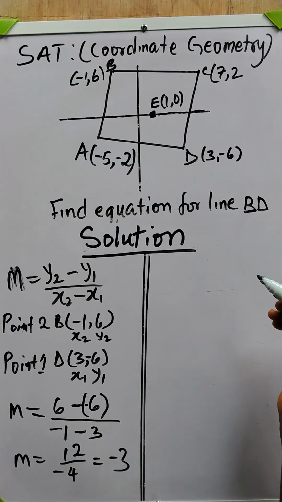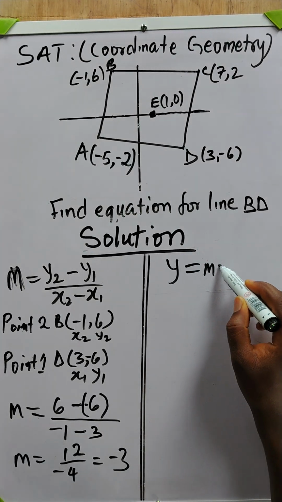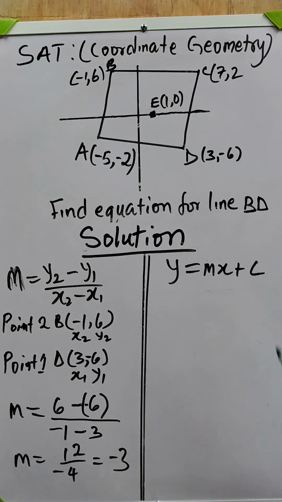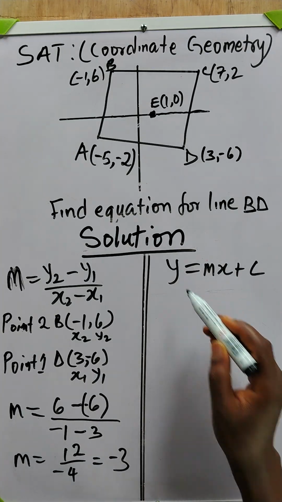Now I can find the equation using y equals mx plus c, where c is the intercept on the y-axis. So this is my slope, and I can pick any point on the line to represent this.